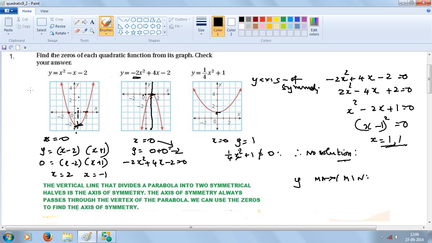So, shall we write the coordinate for the first case? One zero is at x equal to 2, and this point is x equal to minus 1. So the average is 2 minus 1 divided by 2, which is equal to half.